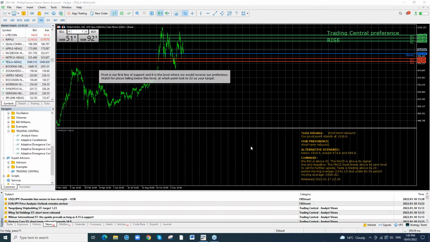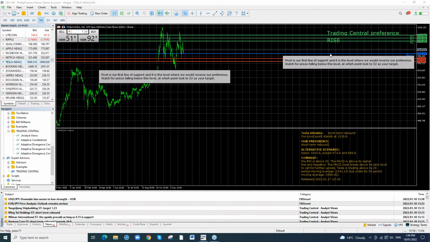We do all the analysis for you, and we present it on the chart. You get the description here. So as Ming mentioned, right now the Trading Central preferred scenario for Tesla is a rise. You have the support and resistance lines here and the pivot point in blue.